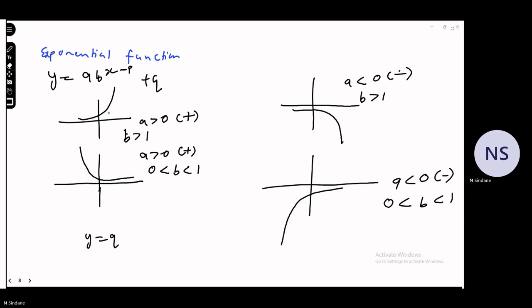Domain and range. The domain of this graph, when a is greater than 0, remember, depends on the asymptote. So in this case, if I were to determine the domain, let me go to the next page.